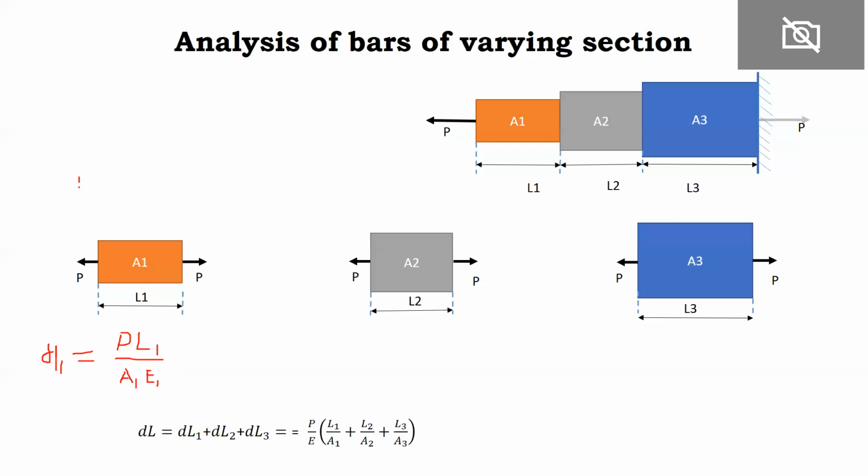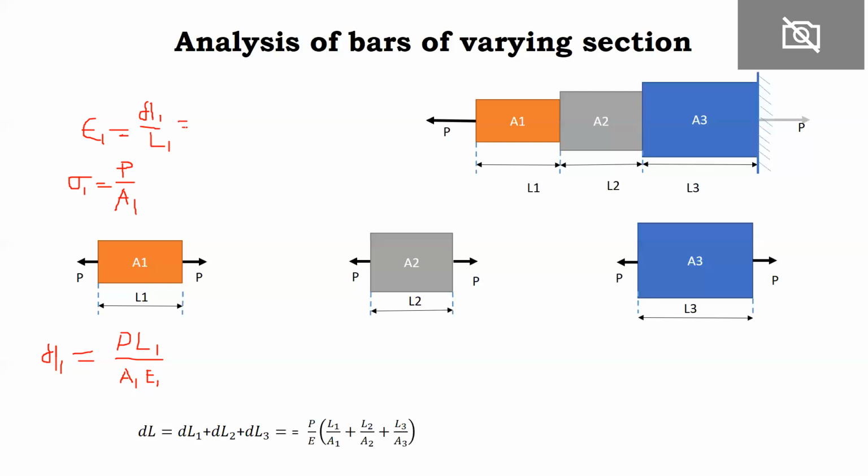Similarly, if you want to predict the stress in member 1, stress is equal to P, the load which is acting on the member, upon area A1. And similarly, strain in member 1 is delta L1, the change in length, upon the original length of the component L1.